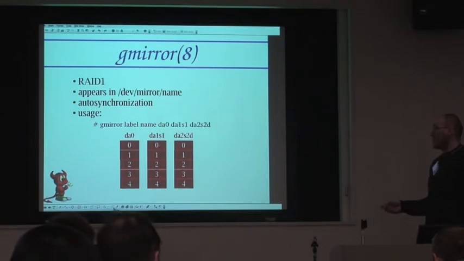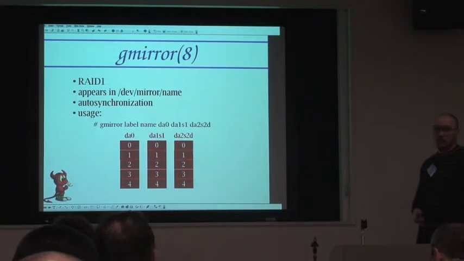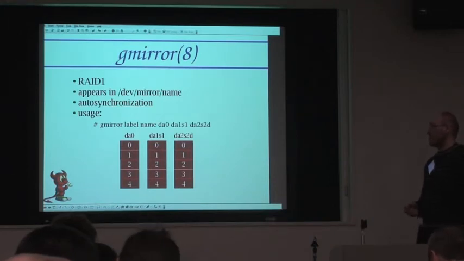We can mirror any number of GEOM providers. In this example, we have 3 GEOM providers that are mirrored. It can also handle situations like disk errors or a disk that disappears suddenly and stuff like that.